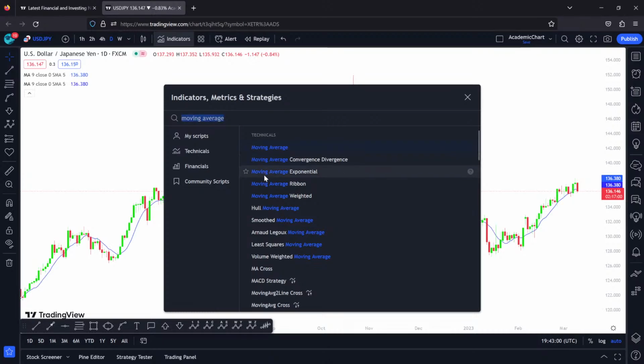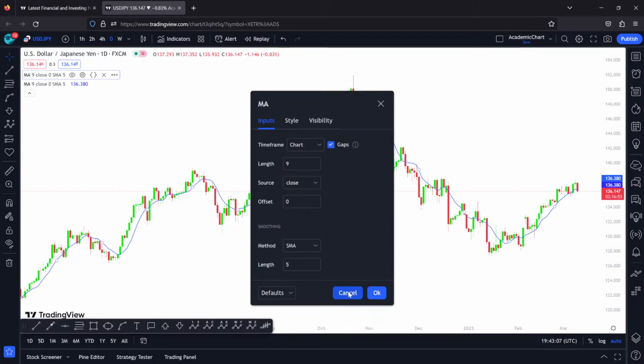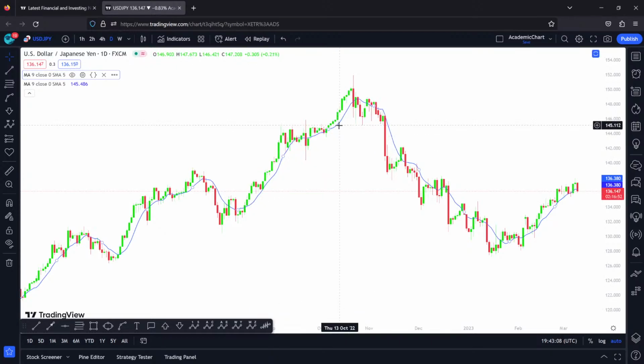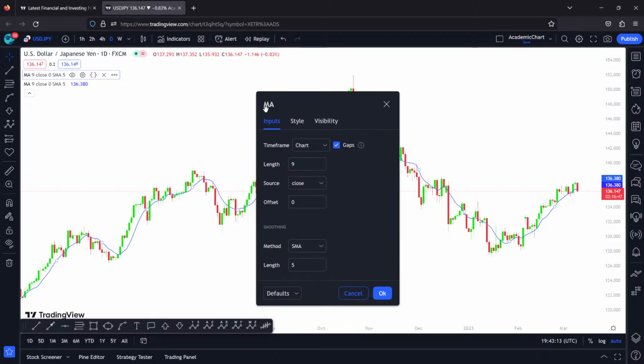But for now, I just want to show you what this news is talking about. If I open up the settings for this moving average, the method is SMA. Again, we have exponential and other variants, and these two are the most popular ones.